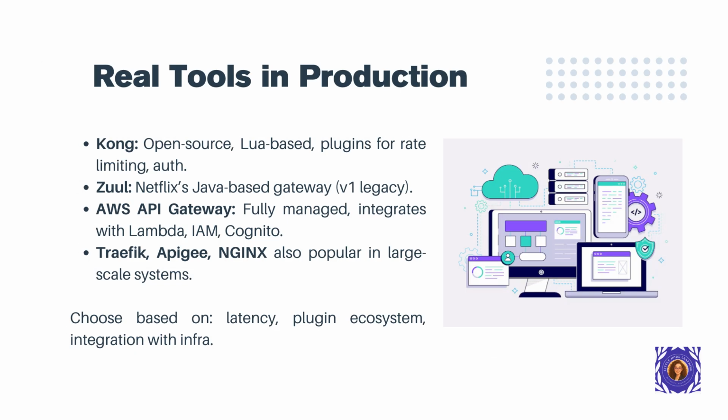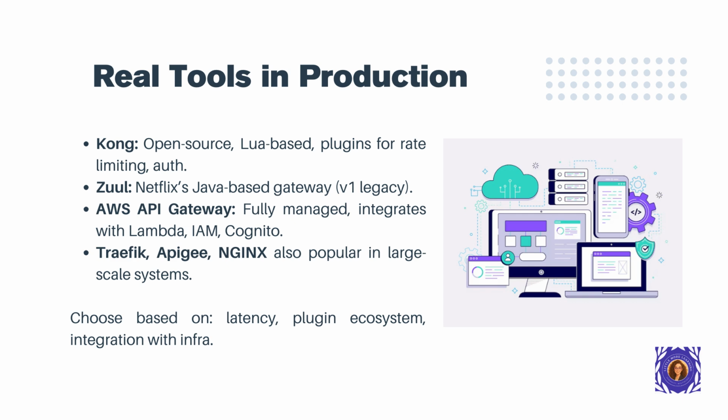Let's talk about the actual tools you'll encounter in production environments. Kong is a popular open-source option built on Lua, with excellent plugins for rate limiting and authentication. Netflix created Zuul, a Java-based gateway, though it's now considered somewhat legacy.